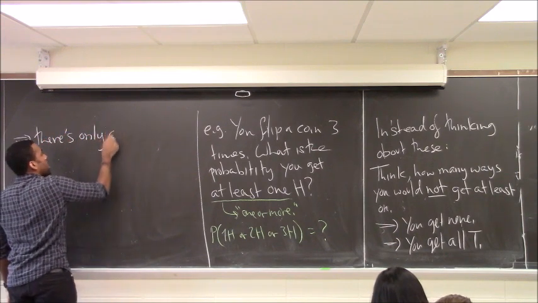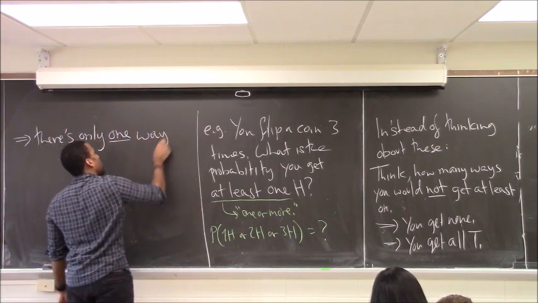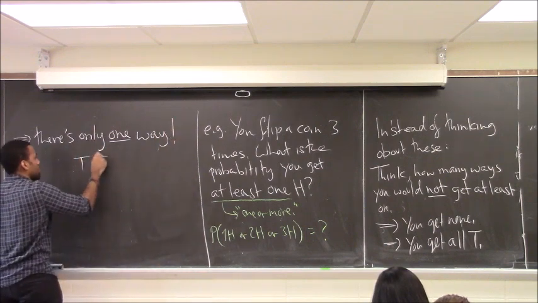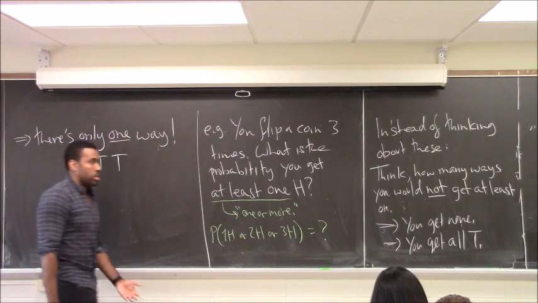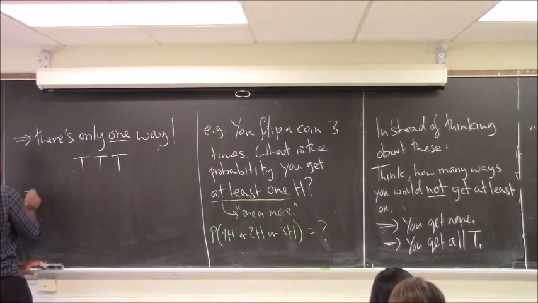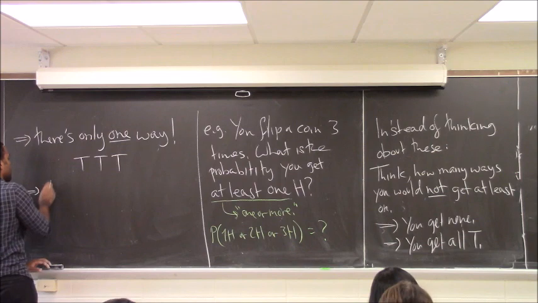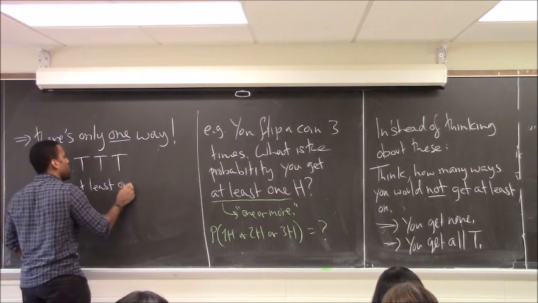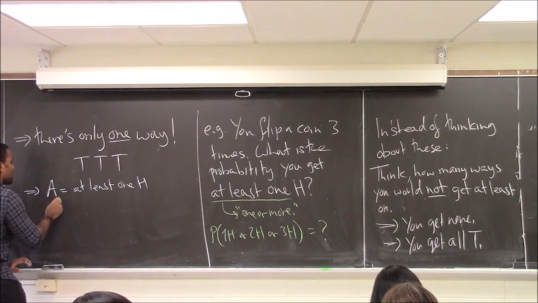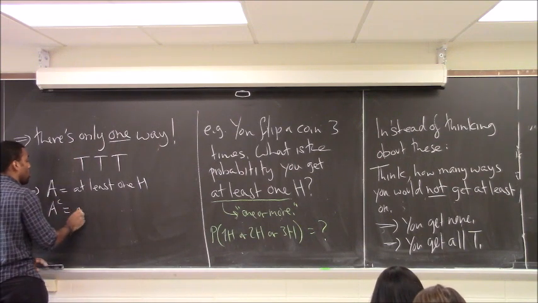There's only 1 way here. Tails, tails, tails. The moment a head shows up, you're not in that situation anymore. So that's 1 way. So if A is at least 1 head, then the complement of that, the opposite of that, is all tails.